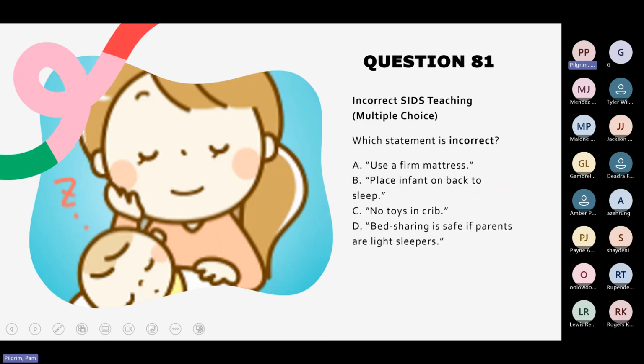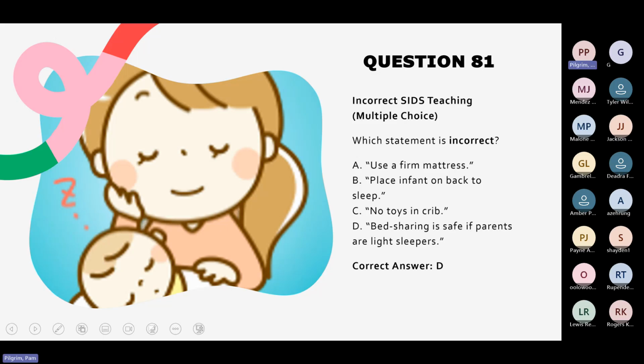I think this is the last question. Incorrect SIDS teaching. Which statement is incorrect? All right.